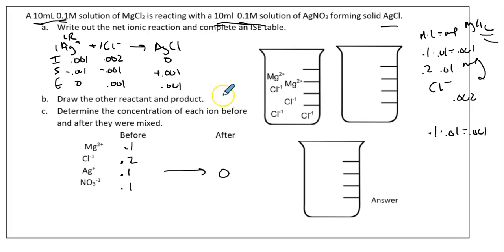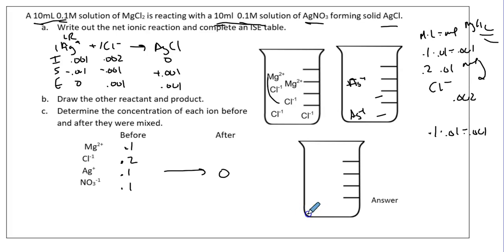Initial beaker is going to be, well, it's the same, I have the same concentration, same molarity, so I need 2 of these. So I'll just draw the silvers, and the nitrate will be negative. Ag plus, nitrate negative.